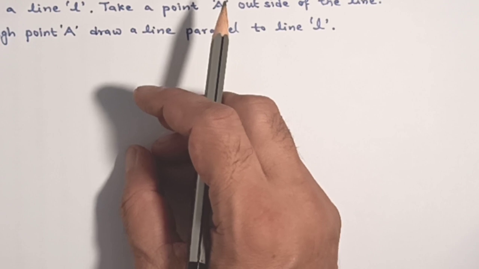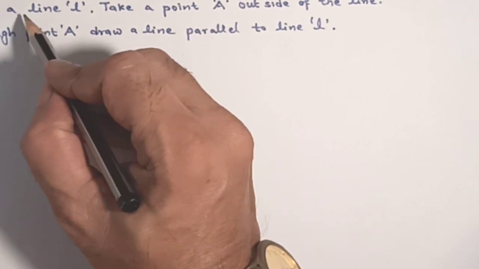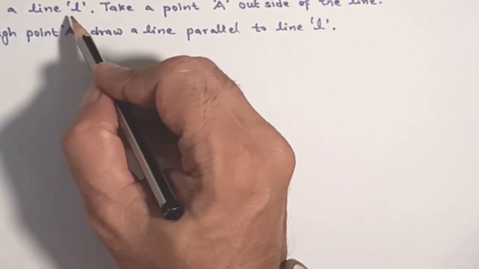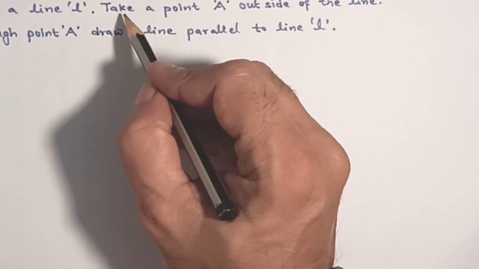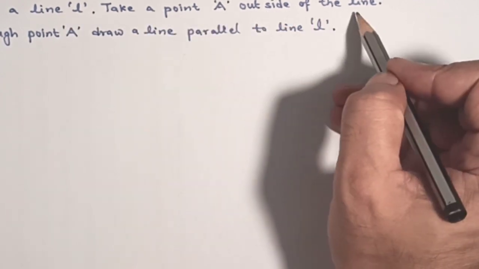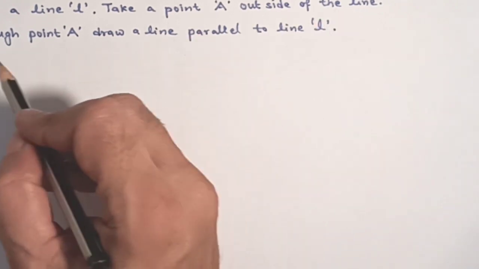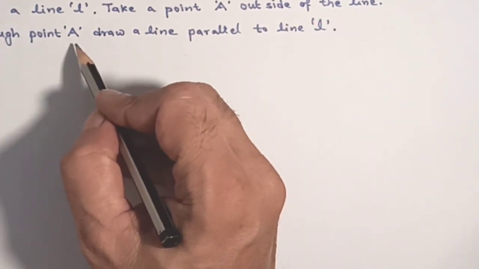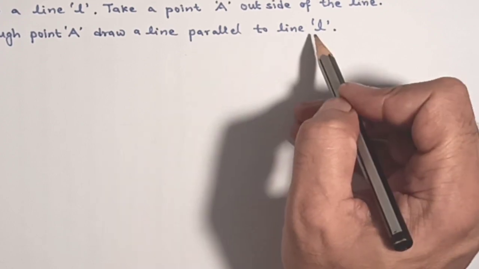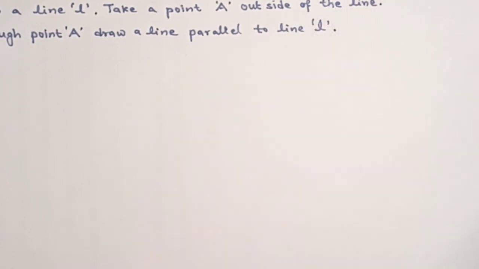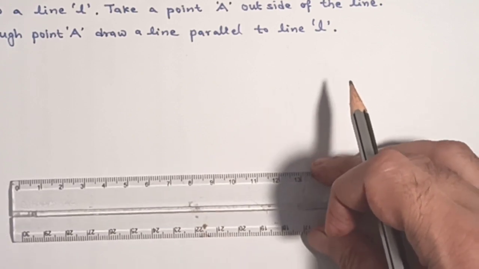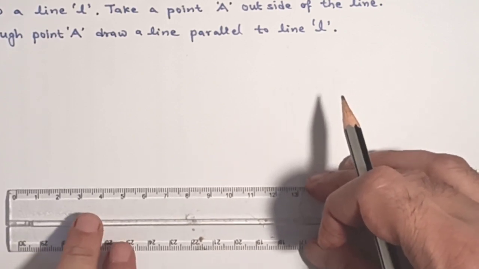Let's read question carefully. Question number 1, draw a line L. Take a point A outside of the given line. You take any point A outside of the line. Through the point A, draw a line parallel to the given line. So I have already written the question. First step is to draw a line.